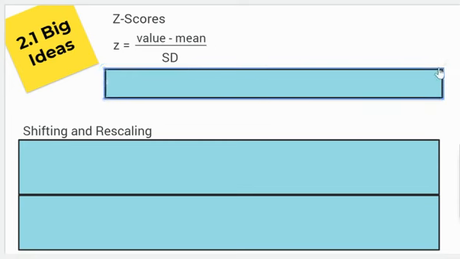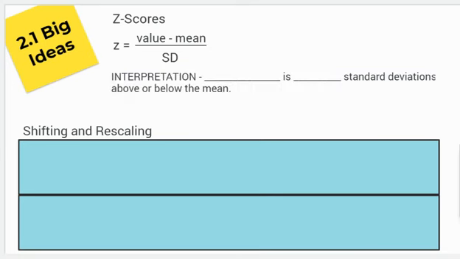And the definition of a z-score is this. It's the interpretation, if you will: the context is z standard deviations above or below the mean. So what we want to put right here is the context of whatever we're talking about.